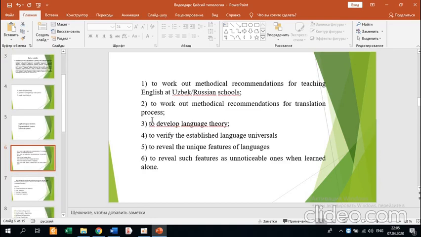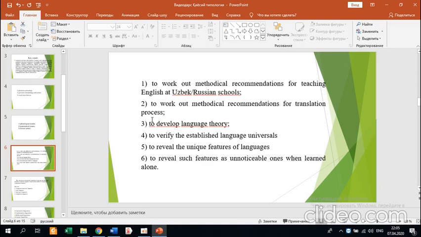The first, to work out methodical recommendations for teaching English at Uzbek, Russian schools, to work out methodical recommendations for translation process, to develop language theory, to verify the established language universals, to reveal the unique features of languages, to reveal such features as unnoticeable ones when learned alone.